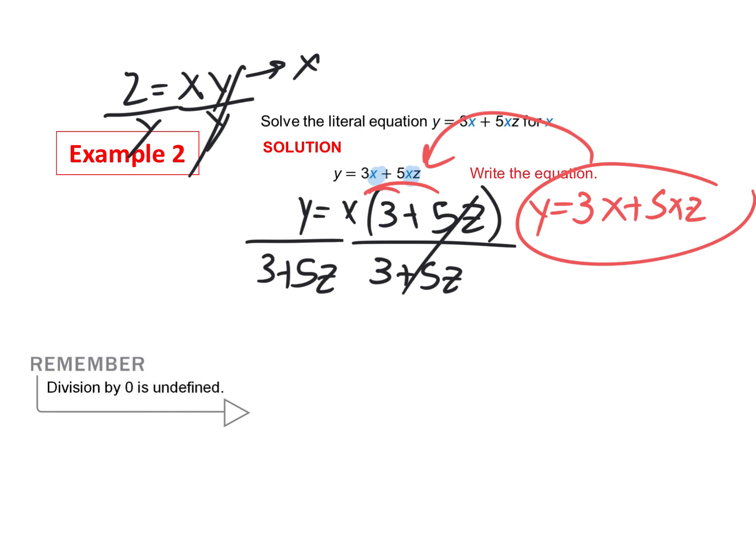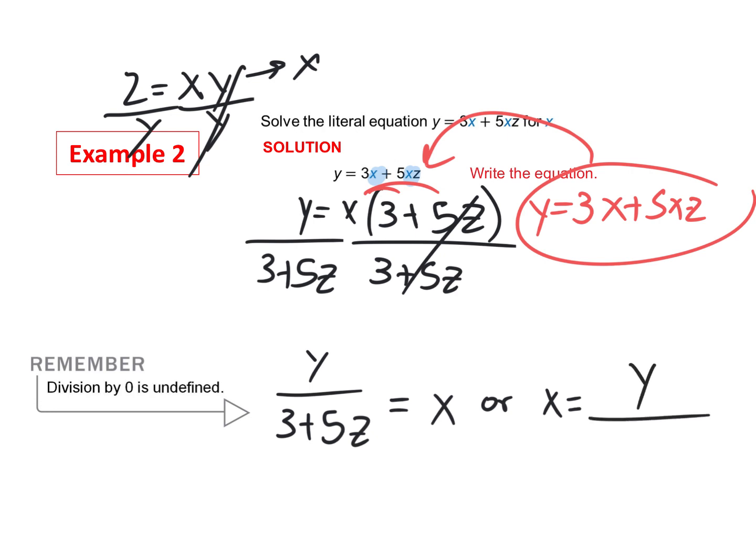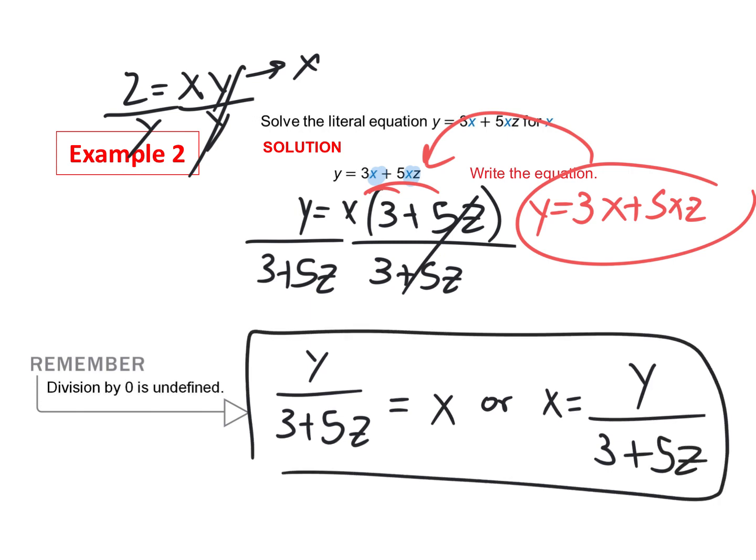Okay? We're going to divide on both sides, which is going to give us y over 3 plus 5z equals x. This is one way of writing it. You can also write it, if you like, with the x on the left side: x equals y over 3 plus 5z. Either way, it is correct.